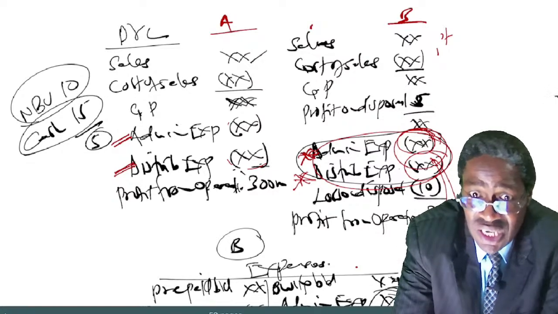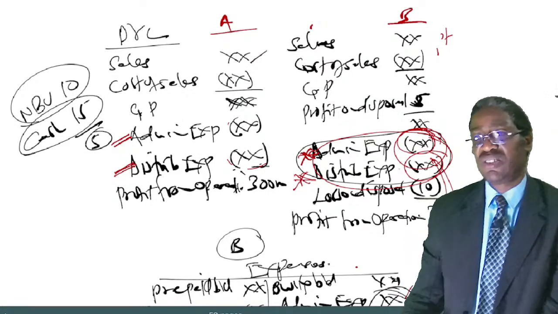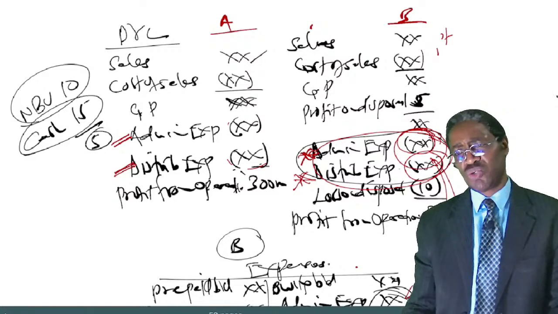Okay, now listen carefully. This is where I was saying it becomes a bit tricky. Now, for accountant number A, this is the conclusion we shall arrive at.